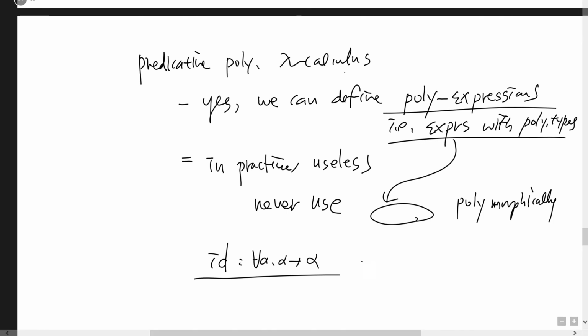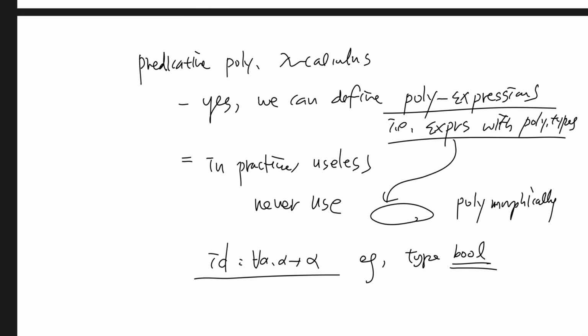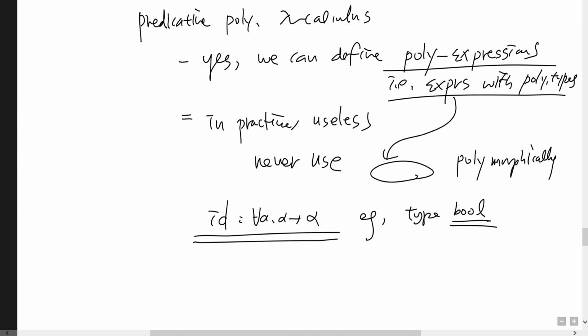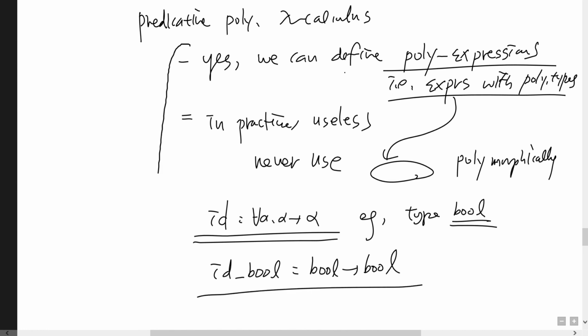So for example, only for type bool. In which case, why do we bother with this polymorphic identity function? We might just as well create identity function specialized for bool directly, bool arrow bool. So this is the problem with predicative polymorphic lambda calculus.